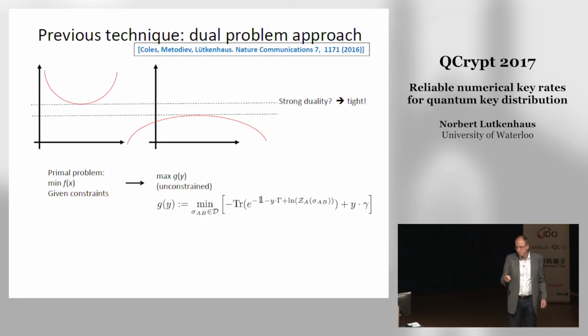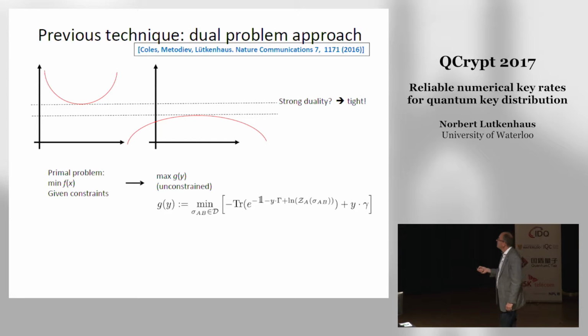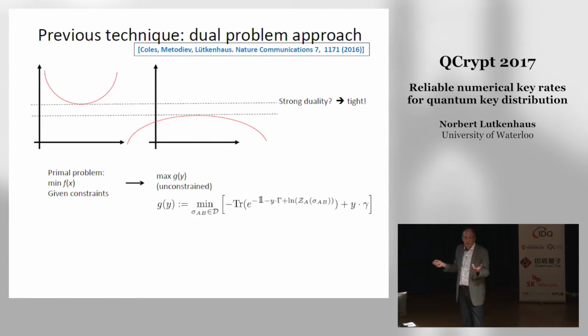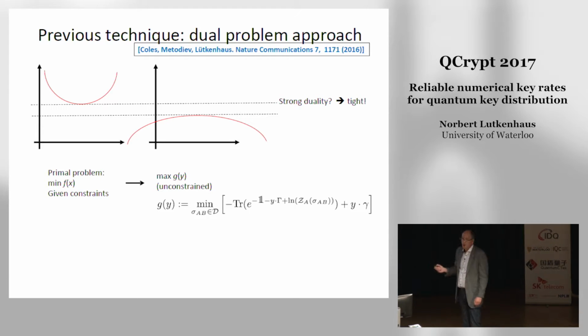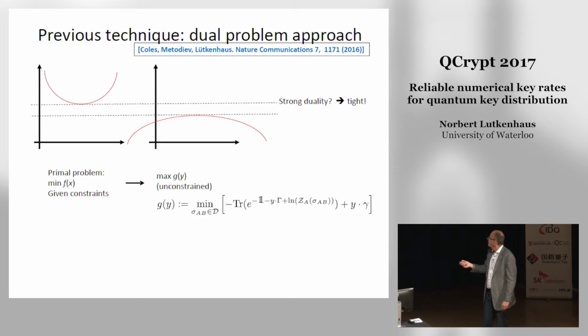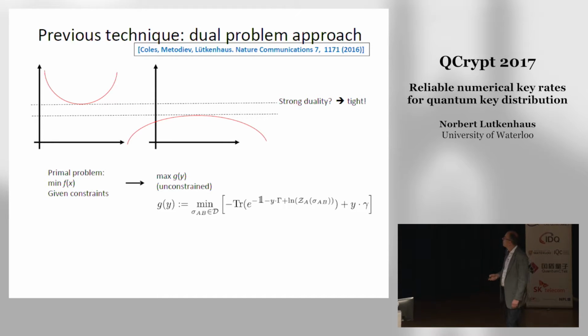We just translated one problem into the other. The reason is that the size of the unknown in the original is given by the dimension of the Hilbert spaces, while the dimension of the dual problem is given by the number of constraints, which might be much smaller. So the aim is to go to the dual problem to make it a smaller optimization problem.